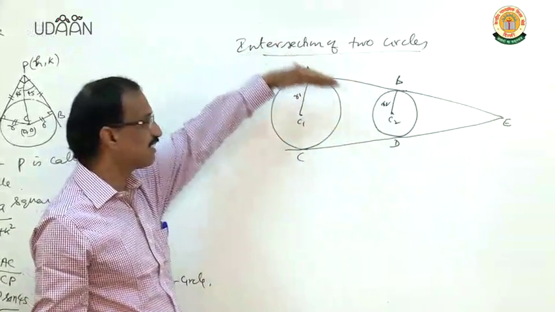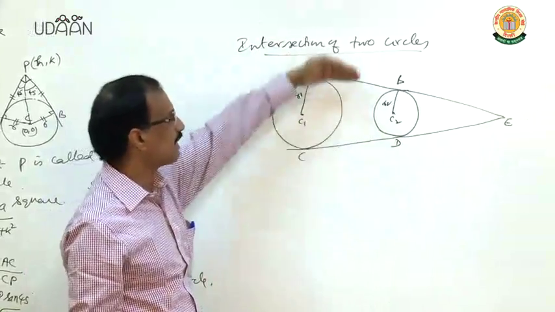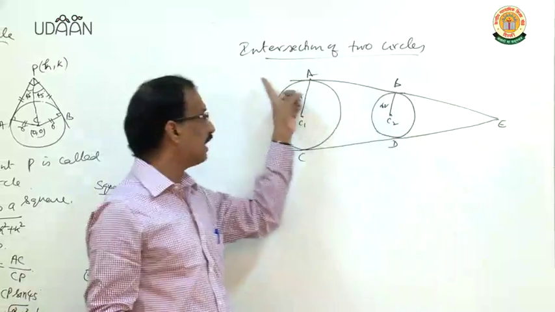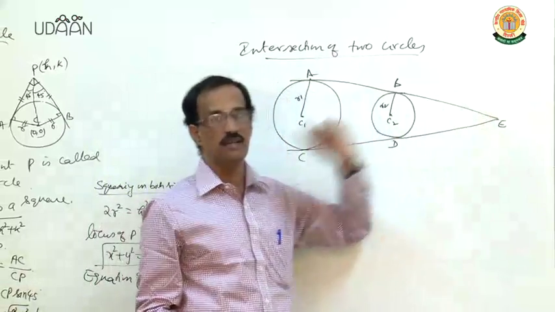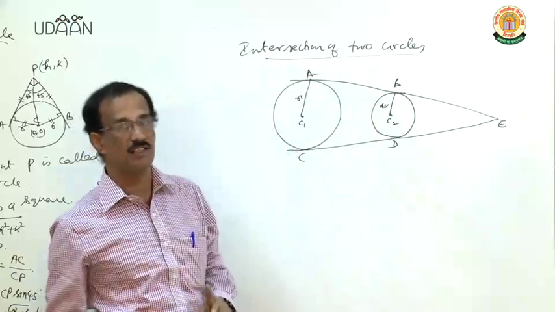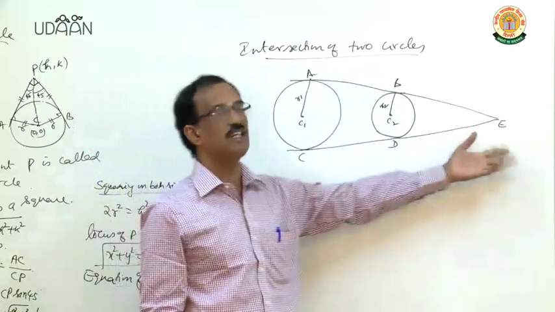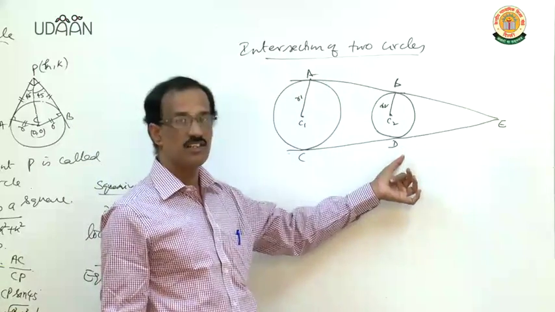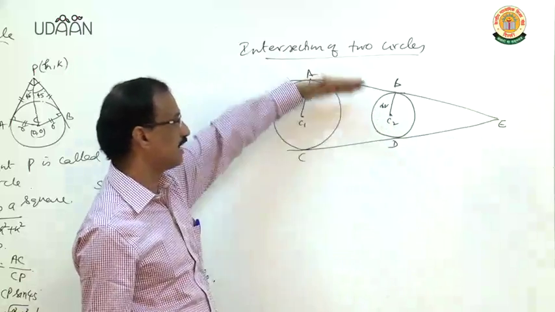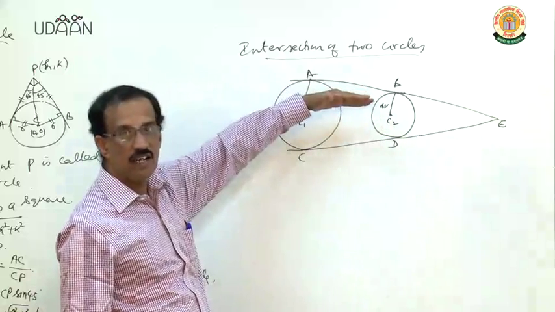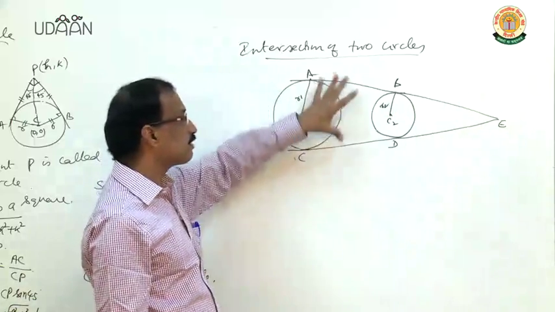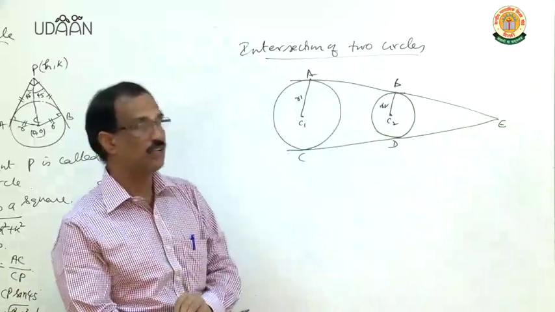Both circles lie on the same side of the line ABE, so this tangent is called a direct common tangent. Similarly CDE is also a common tangent, and for this also the two circles lie on the same side of the line. So this is also a direct common tangent. So there are two direct common tangents.